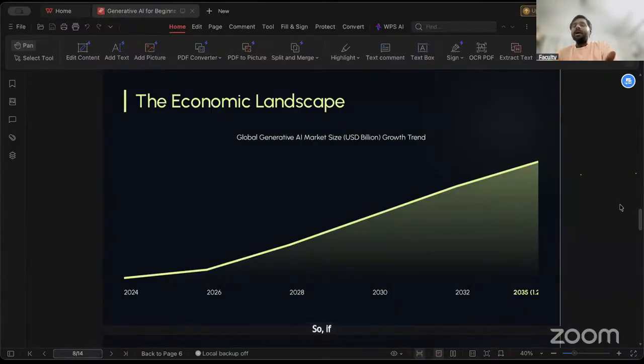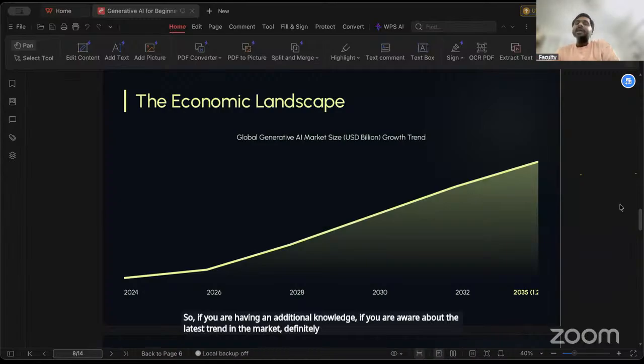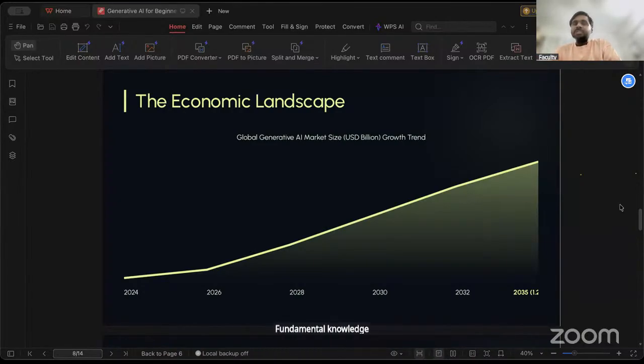So if you have additional knowledge, if you are aware of the latest trends in the market, definitely your package will be higher compared to people who have fundamental knowledge. That's why whenever you are learning new things, make sure that you are upgraded in your fields. That can help you grow much better compared to your peers.